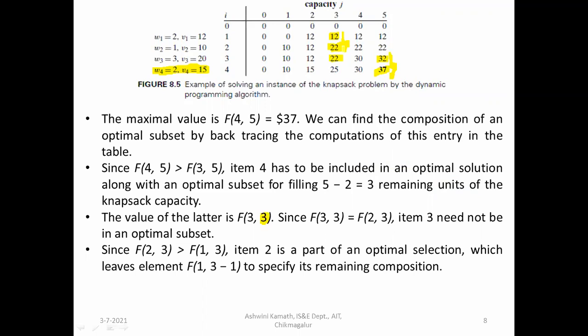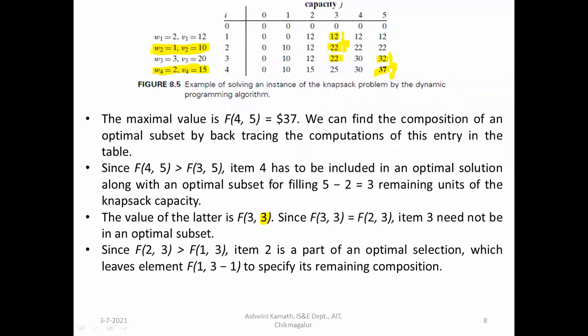So the second item is included in the knapsack. I hope you're getting it.